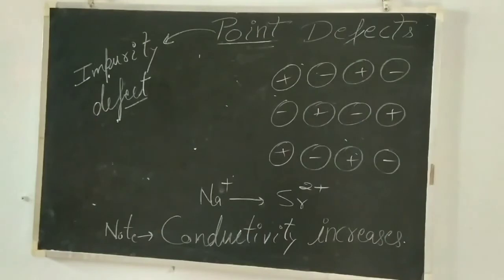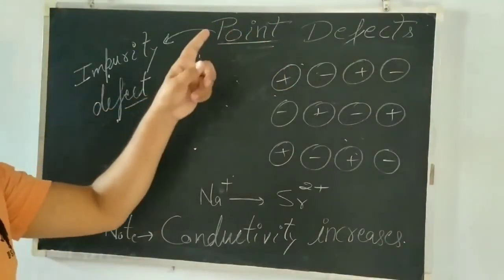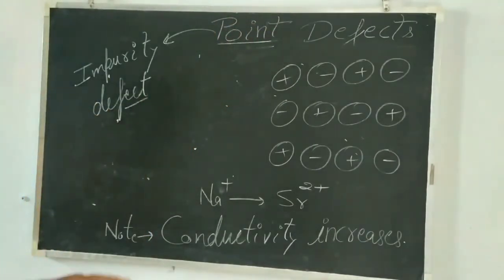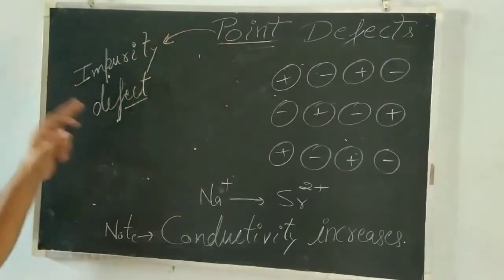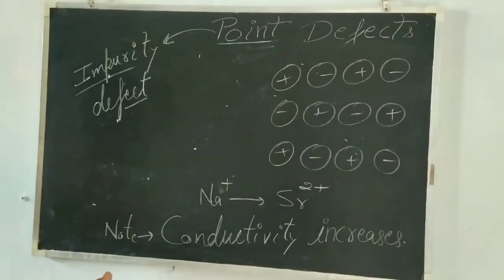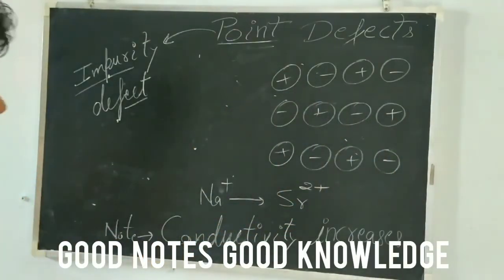Type number 3 of point defect. We earlier studied two types of point defects, stoichiometric and non-stoichiometric point defects. Now type number 3 is impurity defect. Impurity means foreign atoms which are not responsible for the formation of the crystal. Assume an ionic crystal having positive and negative charges.